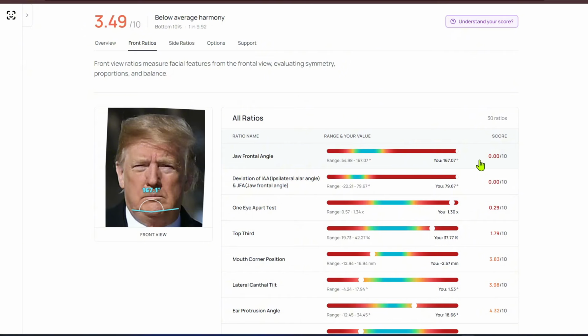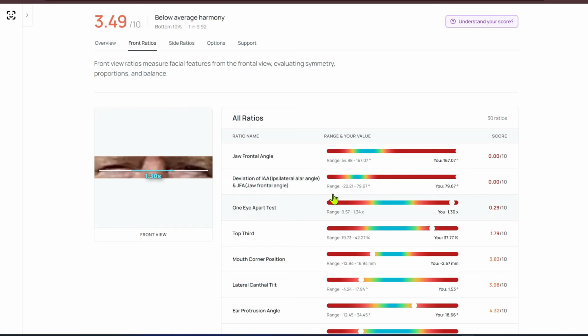This is the lowest score possible for a person, and you can see for his jaw frontal angle how off it is. It's because of its angle being so low. But remember, this is from the sagginess of his cheeks. Right here is lower fat, and his jaw actually does angle up slightly. So I guess we could mark that a little higher. It's just kind of from the landmarking.